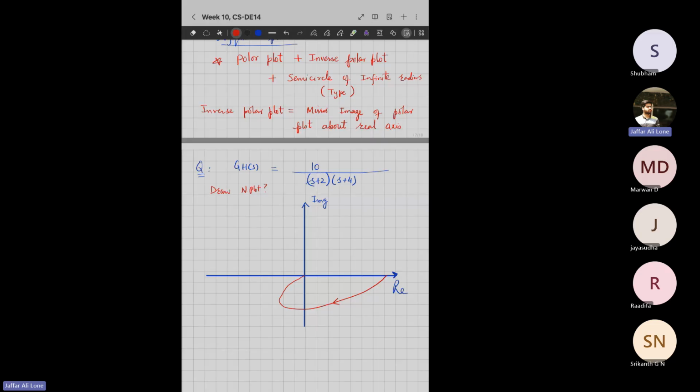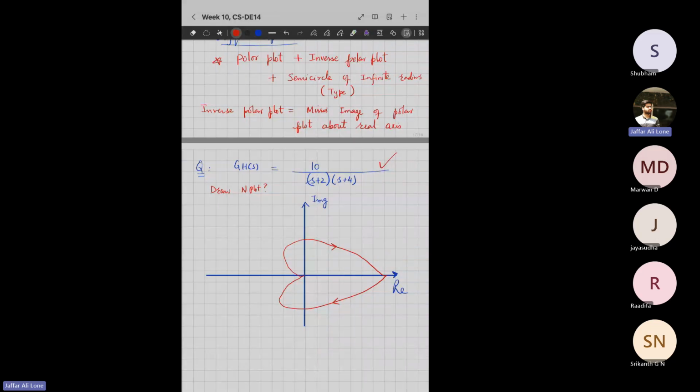So make sure you change the direction of the arrow. Right? That's it. This is the Nyquist plot of the given transfer function.